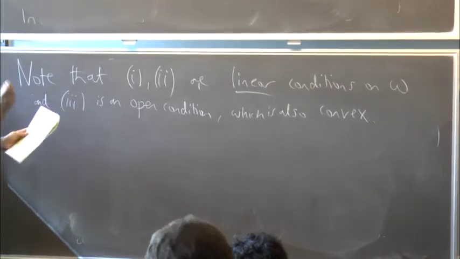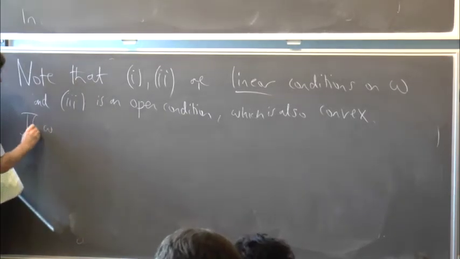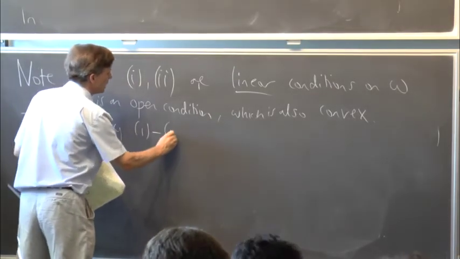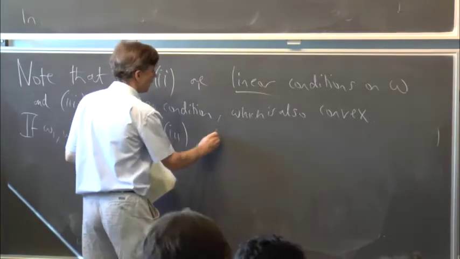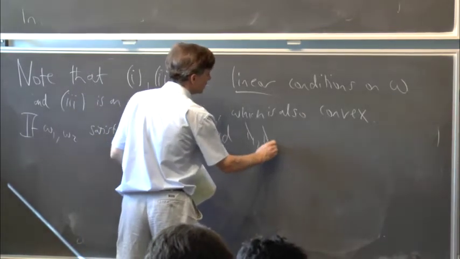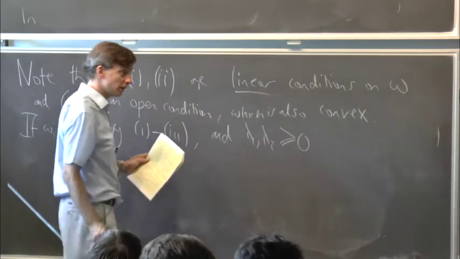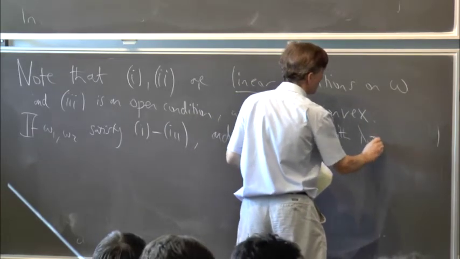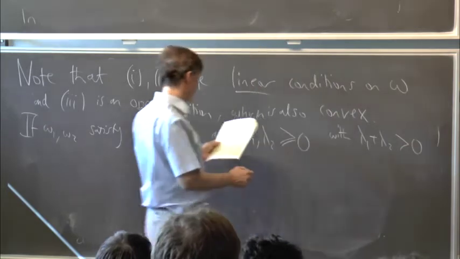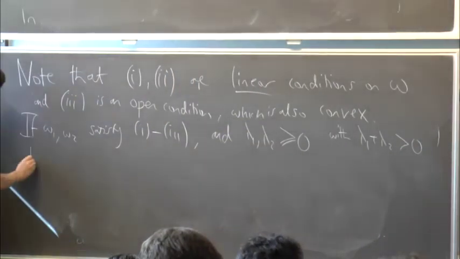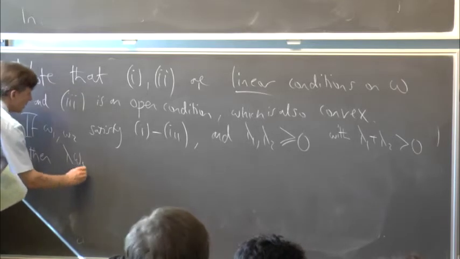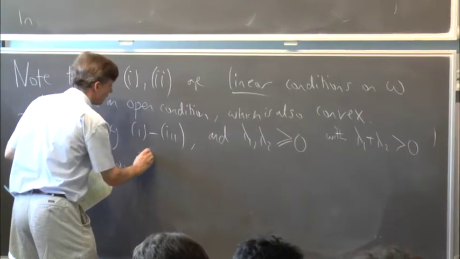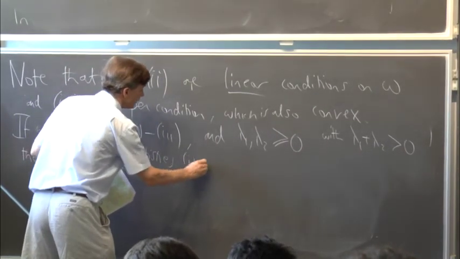Actually, it's a cone. So if little ω₁ and ω₂ satisfy 1 up to 3, and let's say λ₁ and λ₂ are non-negative real numbers with their sum, λ₁ plus λ₂, greater than 0, so at least one is positive, then λ₁ω₁ plus λ₂ω₂ also satisfies 1 to 3.